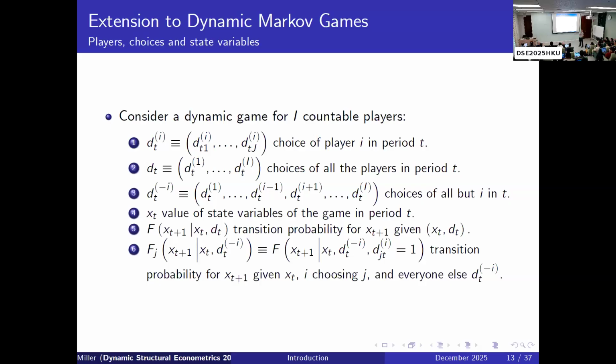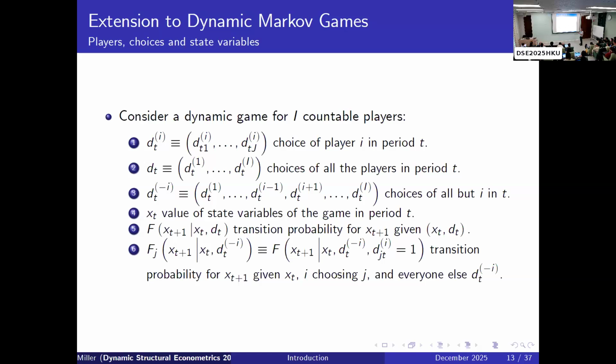We can push further, and Victor's going to be talking more about this later this week too. Suppose we've got a dynamic game, with a bunch of players, and each of these players is making a decision.